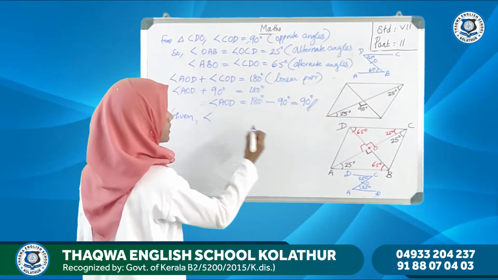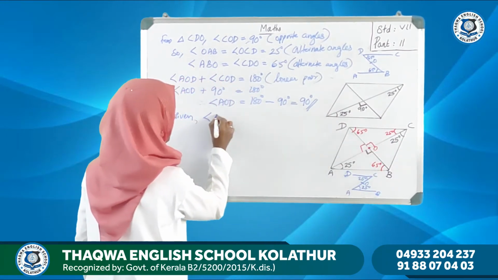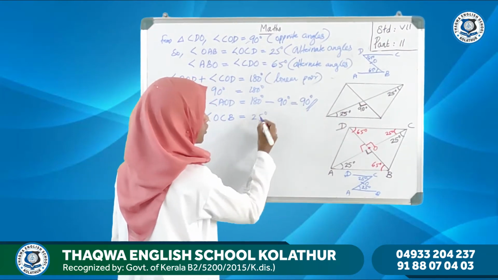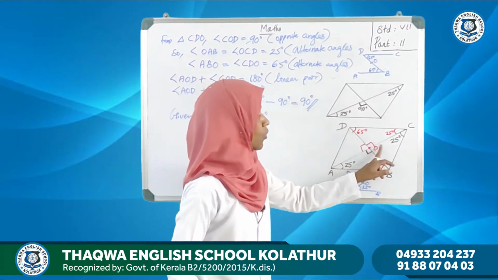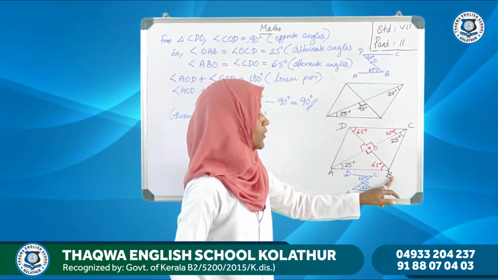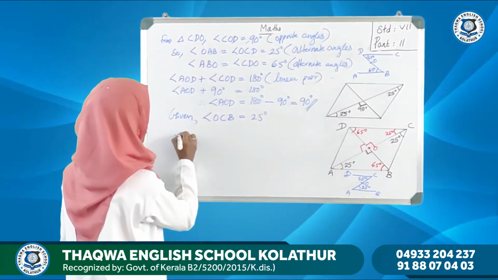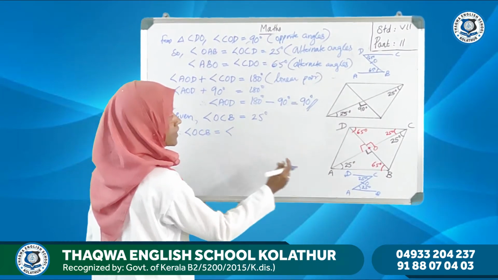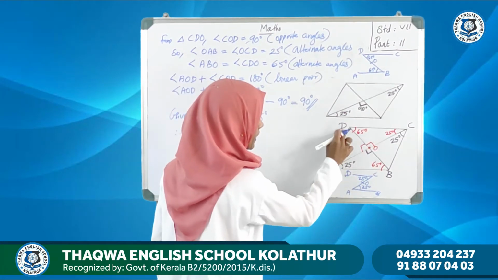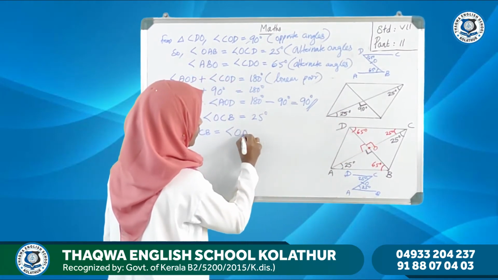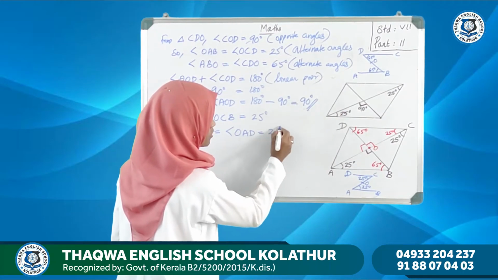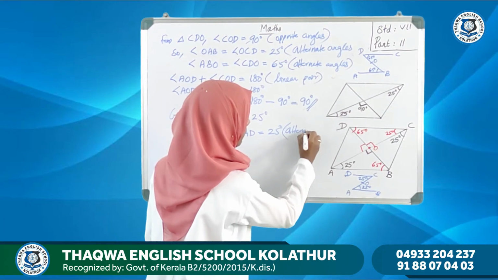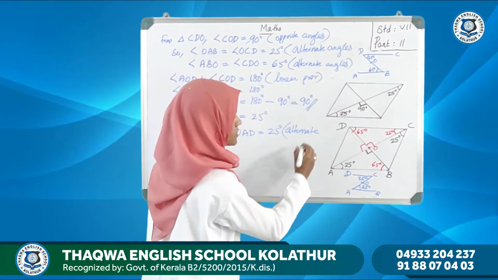Given angle OCB is 25 degrees. So, angle OCB equals angle OAD, which equals 25 degrees. What is the reason? Alternate angles.